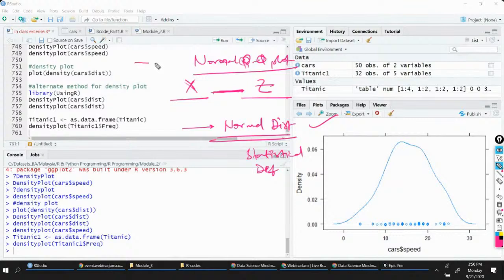Right? So that is interpreted using normal QQ plot. It's a visualization. But this visualization will help us interpret whether the data is normally distributed or not. Yep. So that's your normal QQ plot.